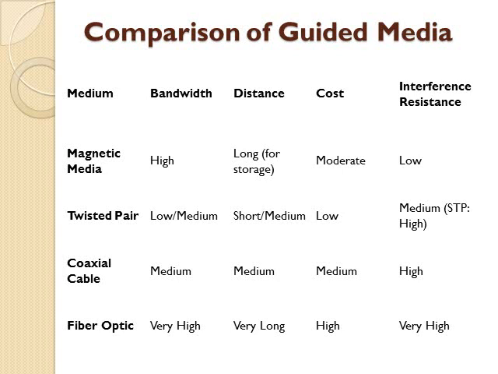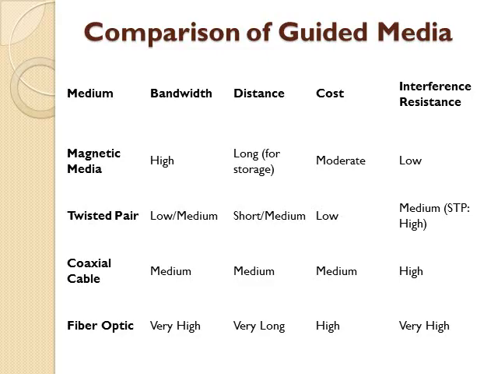The first one is the magnetic media, which has higher bandwidth, can be used for longer distance, cost is moderate and electromagnetic interference is low. Twisted pair cables have a low or medium bandwidth, can be used for short and medium distance, cost is low and electromagnetic interference is medium.